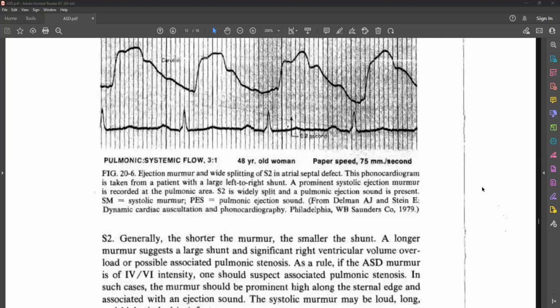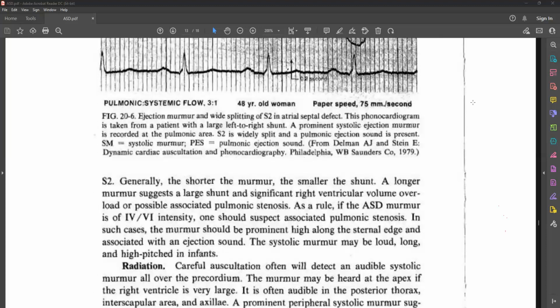Now with reference to the murmur, there are a few things you need to remember. The murmur almost never has a thrill. Okay. Classical thrill is not that common in atrial septal defect. You can sometimes get it in pulmonary hypertension, but in general, most literature tells that whenever you are able to actually appreciate a thrill, so here it's given here.